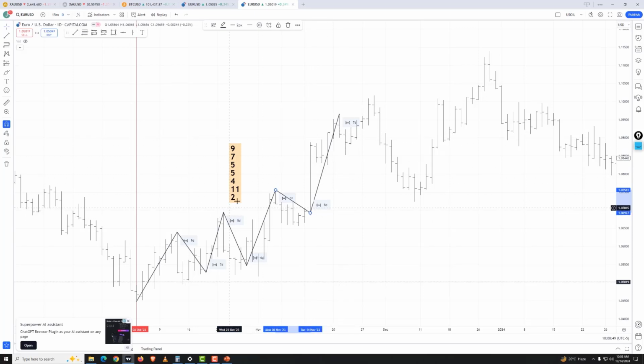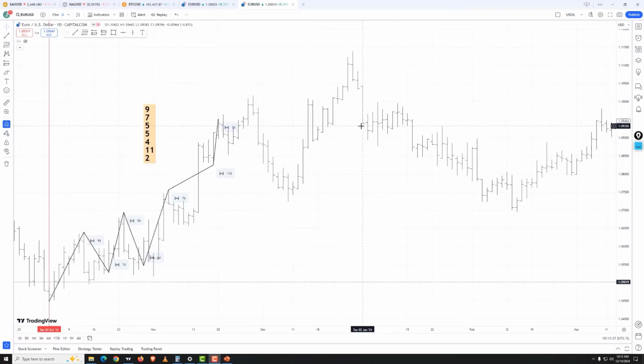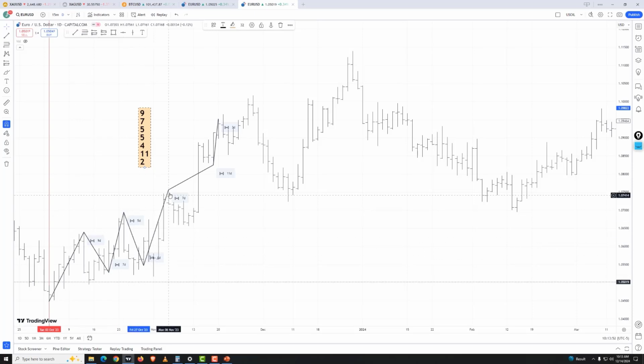Now from here to here it should be like 2 days. No, it's not working from here. Okay, so if we apply that pattern from the past, that's exactly what we get here. Well, accidentally, it actually worked pretty good.